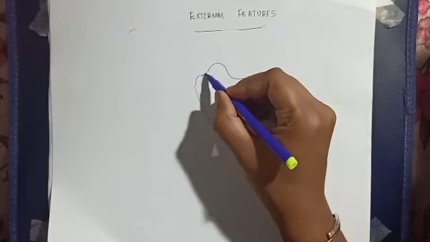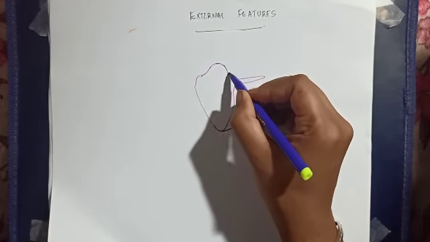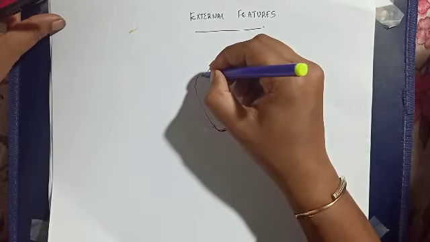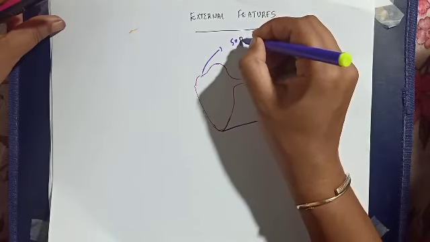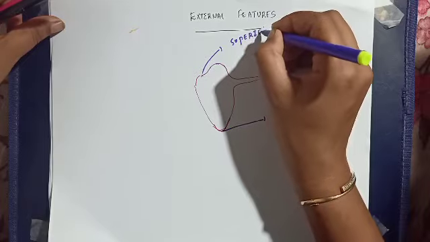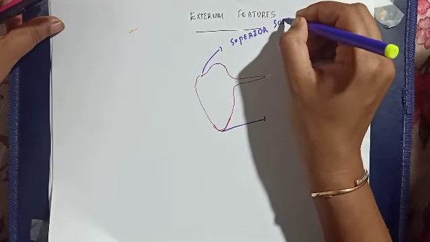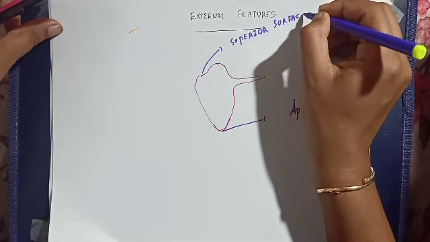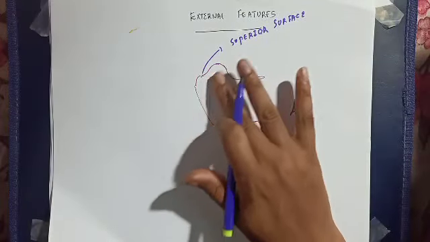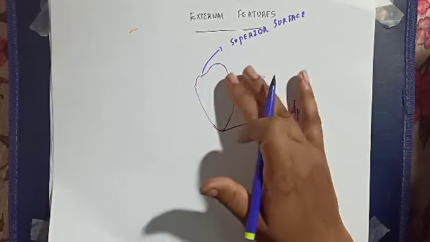Now if you look at this aspect, it has got a superior surface. And it has got this surface which you can see from the outer aspect.